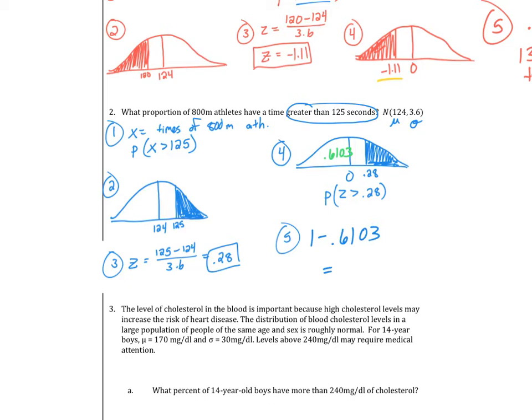So we will get 0.3897, which would mean 38.97% have times greater than 125 seconds.